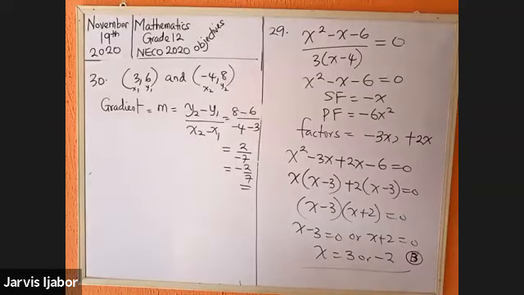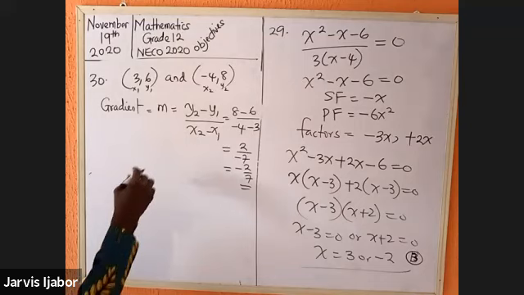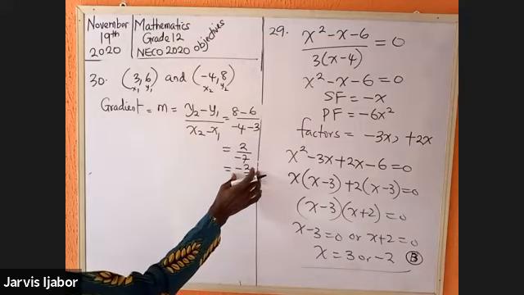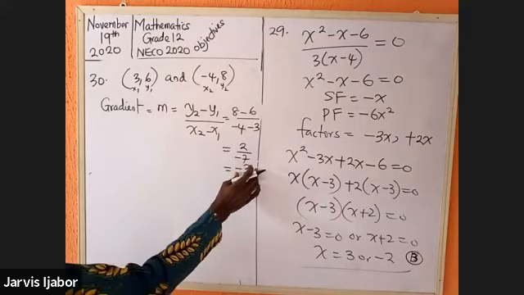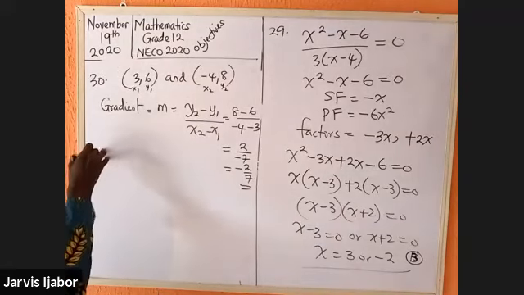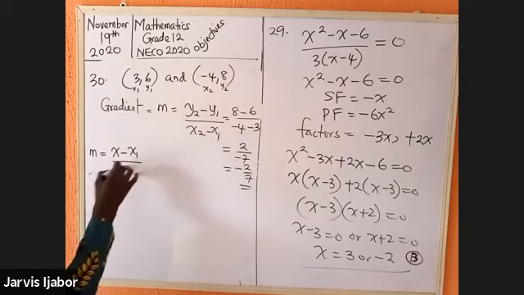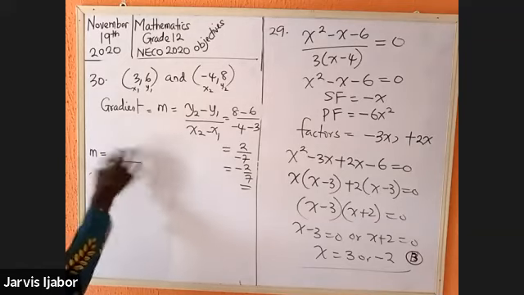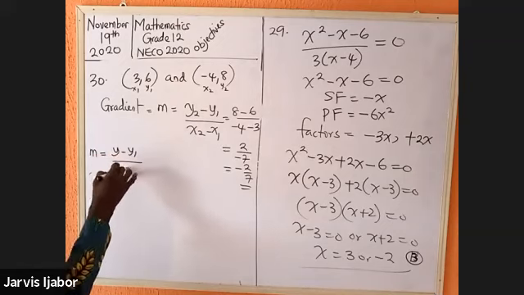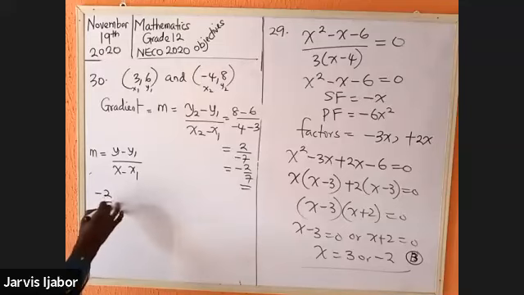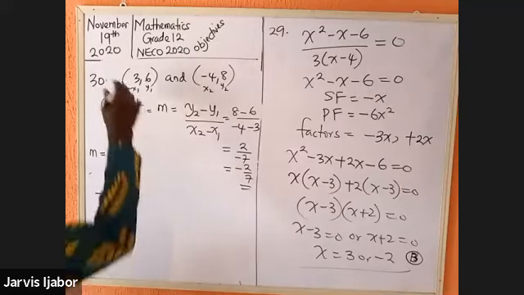Now, with that well stated, this is your slope. You can now use this in any of the equations. The slope m is equal to y minus y1 over x minus x1. So with what I have here, minus 2/7, I can equate it to any one of them.